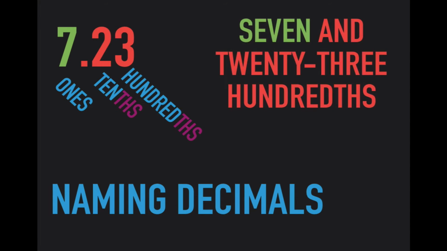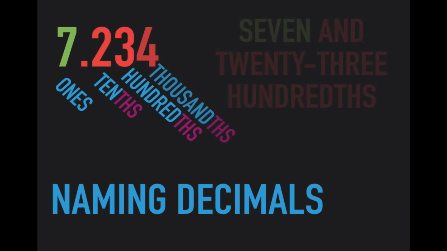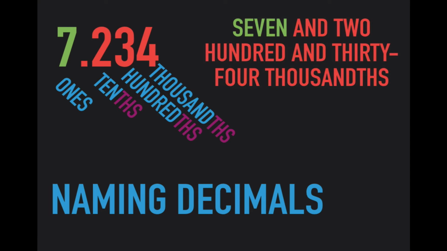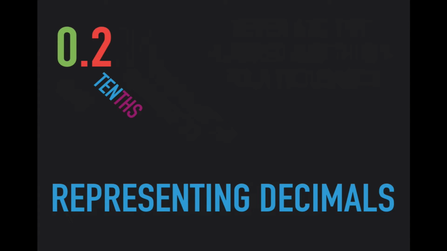So this becomes 7 23/100ths. So whatever the lowest place value that's available in the decimal, if it's tenths, you talk about it as tenths. If it's hundredths, you talk about it as hundredths. But again, for the grade 6s, the smallest unit in this decimal is thousandths. So in this case, it would be 7 234 thousandths.